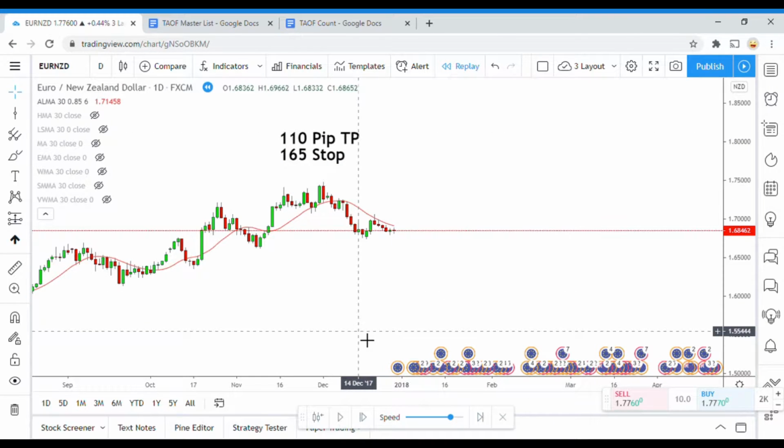Alright, as I said, today's indicator is the Arnaud Legoux moving average. If you watched the last video that I did, I put on screen 8 different moving averages, and I showed how different these 8 moving averages really were.